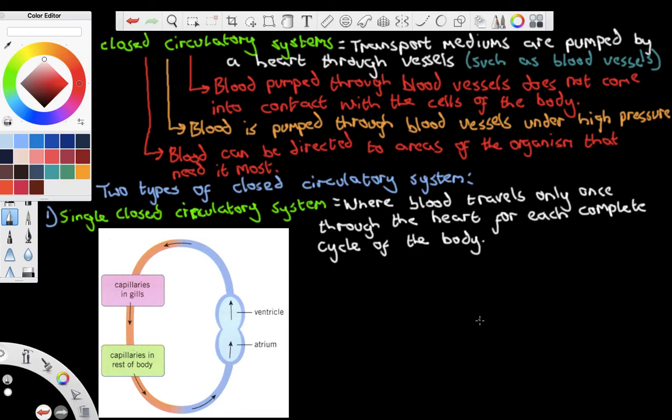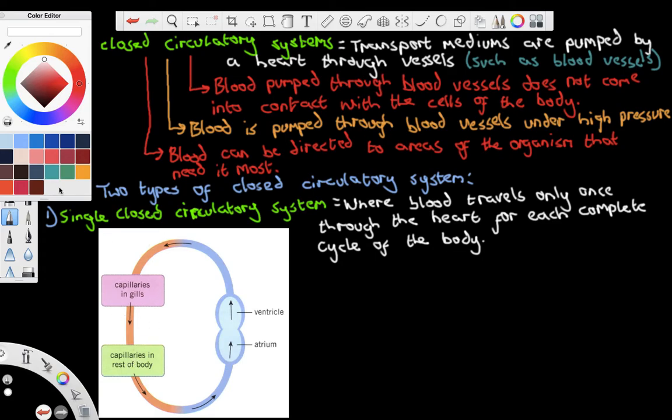Now, in these systems, blood passes through two sets of capillaries. The first set takes gases and the second set takes nutrients. So when blood is pumped around this system, first of all the blood is sent to the gills where gas exchange happens, and then it is sent to the rest of the body where absorption happens. Okay?